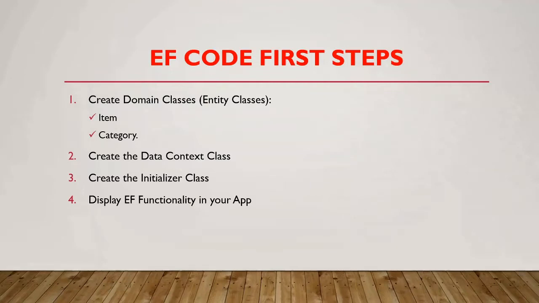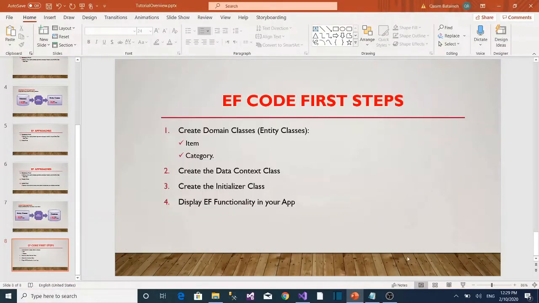So we will need two entity classes, one for items or products and one for category, and we will have a relationship between them. Each category will have many items in it, and each item will have one category, so it's a one to many relationship. So let's get started.